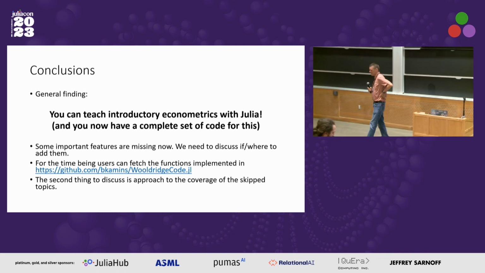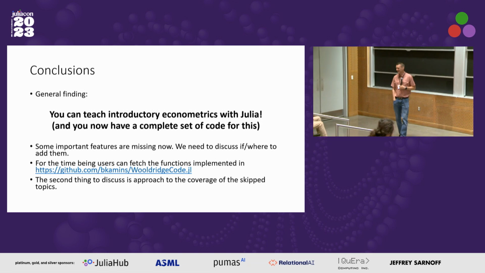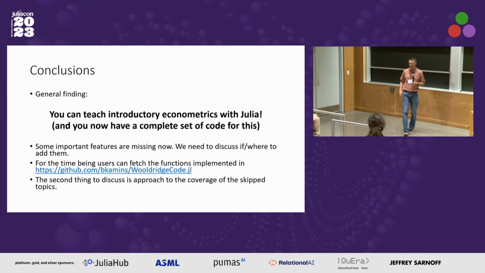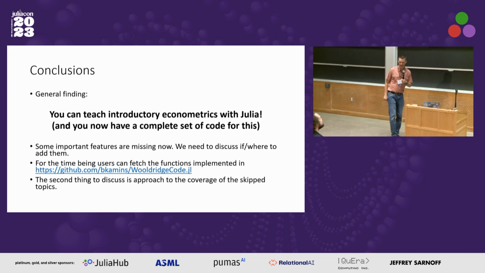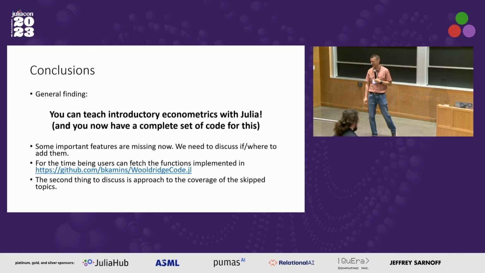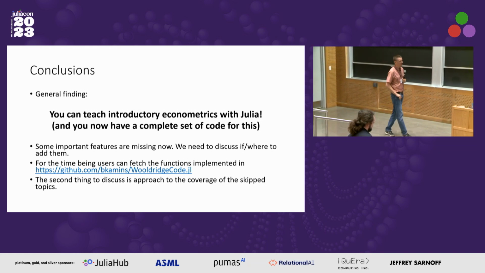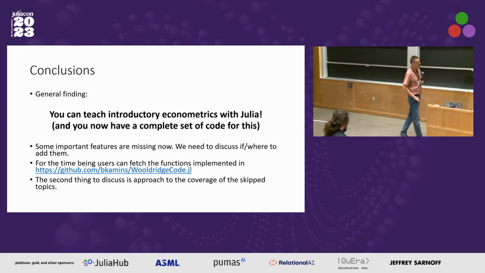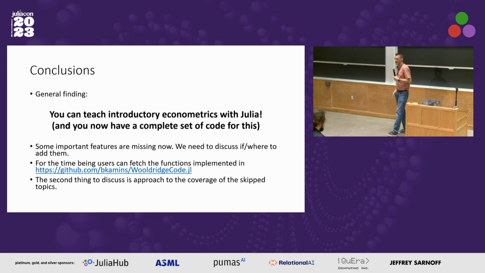So I really want and expect to convince econometrics teachers at my university to switch to Julia. Now they have everything they need, so they don't even have to write one line of code. They can just copy the repository and follow the standard textbook. And again, if you have some questions, I invite you to ask.